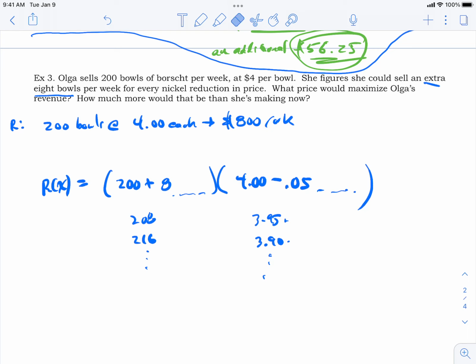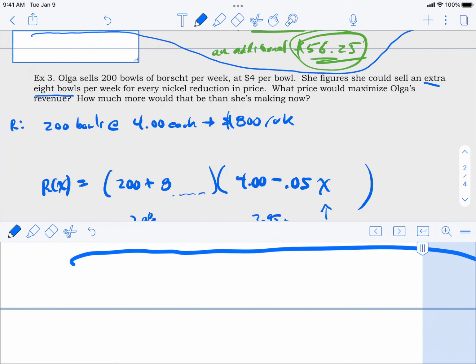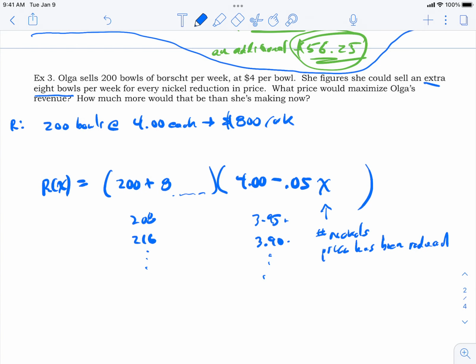Why don't I make that my x? So x is the number of nickels the price has been reduced. X is the number of nickels. So if you reduce the price by 1 nickel, it's $3.95.